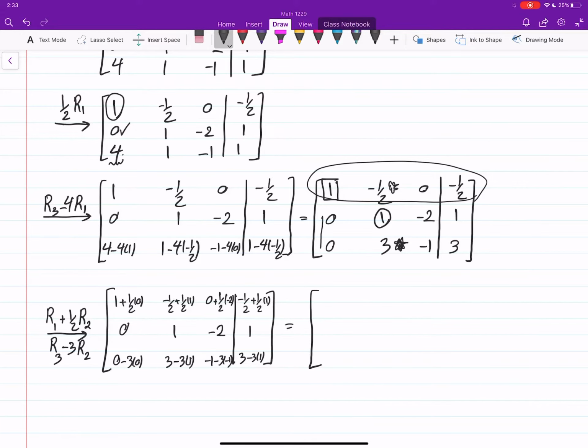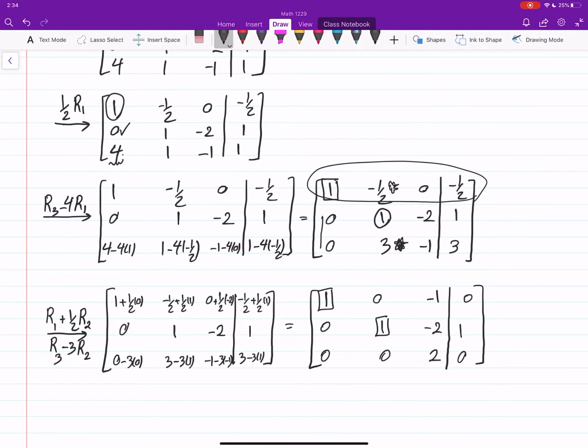Well, this will give us 1, 0, and negative 1, 0, 1, negative 2. Here, this is 0 already, so we have 0 here. This is 0 also. This one here gives me 3 minus 1. This is 2. And then 3 minus this is 0, and 1 is in the place. So we found the second leading one.